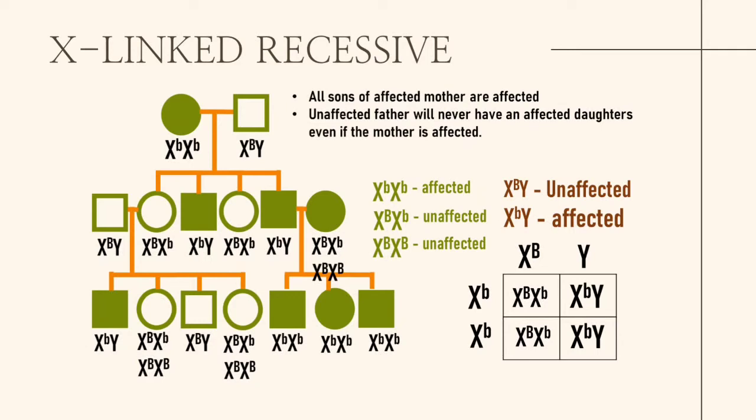Carrier pa rin siya kasi nga naggaling yung sakit na to sa kanyang mother. Although they are unaffected, still, they are the carriers of a specific disease. Okay? So, ayun nga, makikita nyo dito, tita is unaffected, tito is unaffected as well, but their offspring, one will be affected. Okay? Or the son or the child number 1 is the affected one.